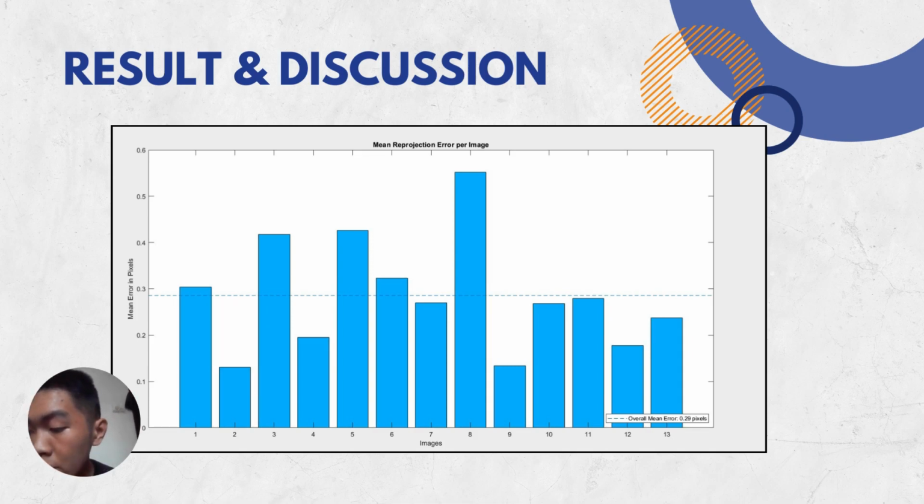So we have the lowest mean error, which is the second and the ninth picture. The reason causing the lowest mean error is that the picture was taken with the camera in its usual position.